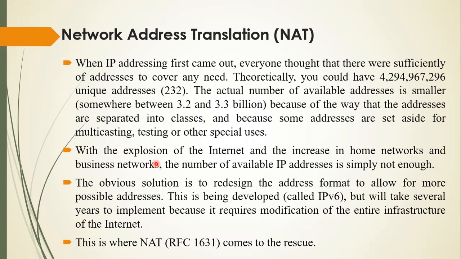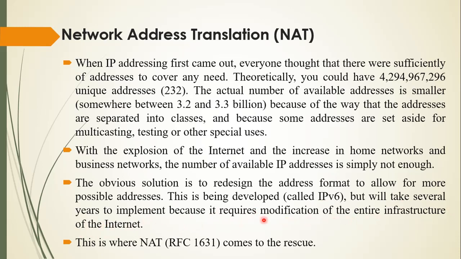So with the explosion of the internet, the increase in home networks and business networks, the number of available IP addresses is simply not enough, because of the very fast growth of the internet. The obvious solution is to redesign the address format to allow for more possible addresses. This is being developed, called IPv6, which I will explain later, but it will take several years to implement because it requires modification of the entire infrastructure of the network.